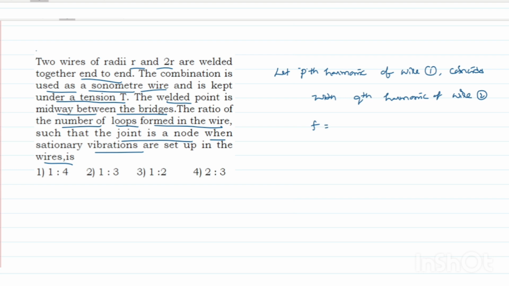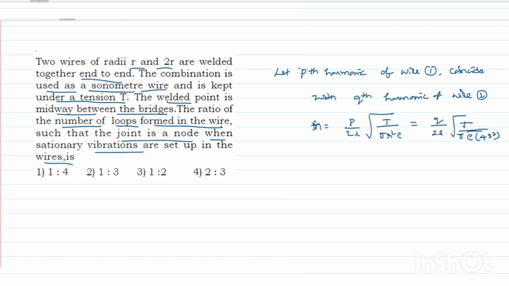That means N equals P by 2L into root over T by mu. Instead of mu you can take A into rho, that is pi r square into rho. For wire 2 we get Q by 2L into root over T by pi rho into the radius squared. Here the radius is 2r, so 2r whole square is 4r square.